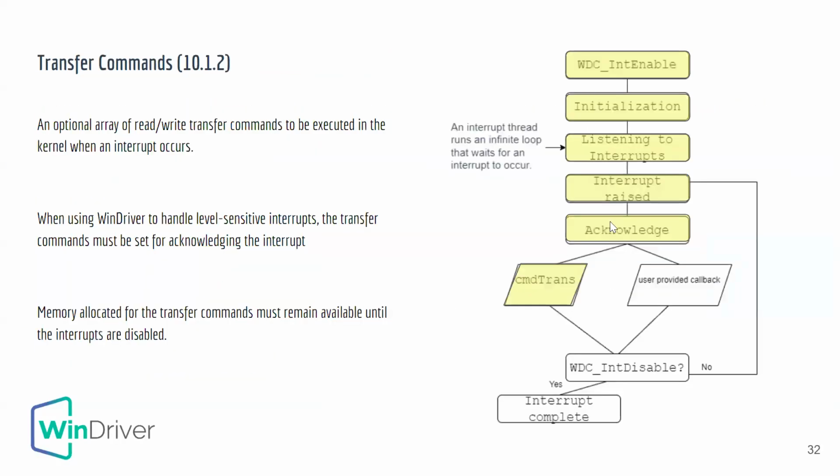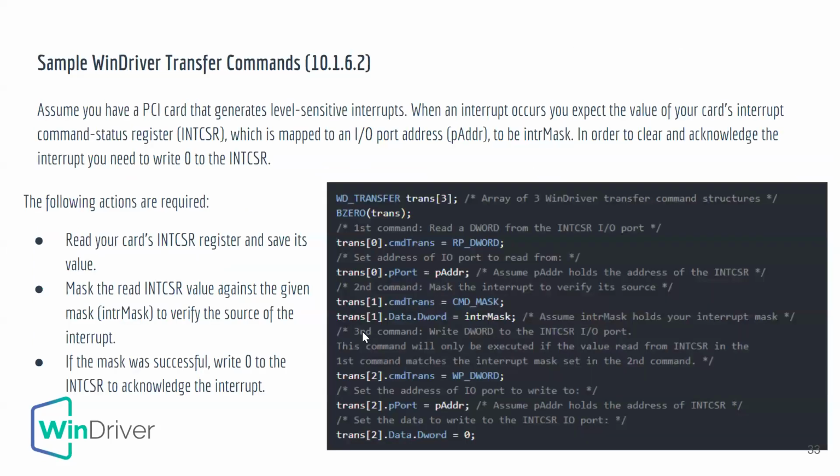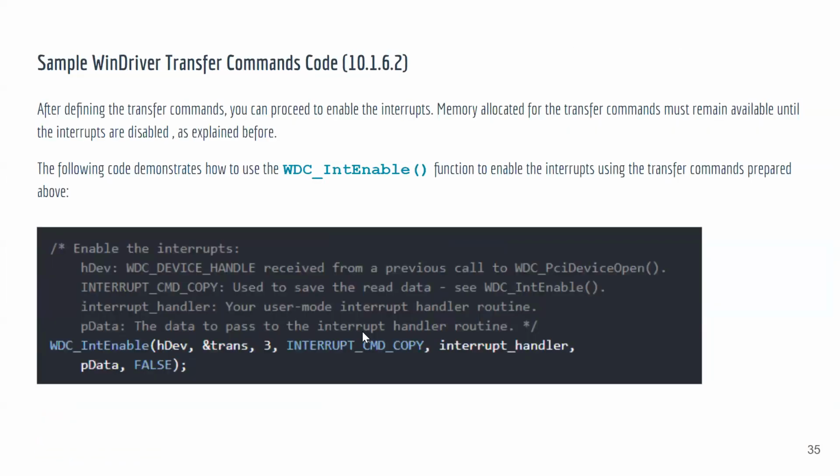Okay, just to wrap it up, the other branch. After defining the transfer command, you can proceed to enable the interrupt. Memory allocated for the transfer command must remain available until the interrupt is disabled, as explained before. The following code demonstrates how to use the WDC int enable function to enable the interrupt using the transfer commands prepared above.